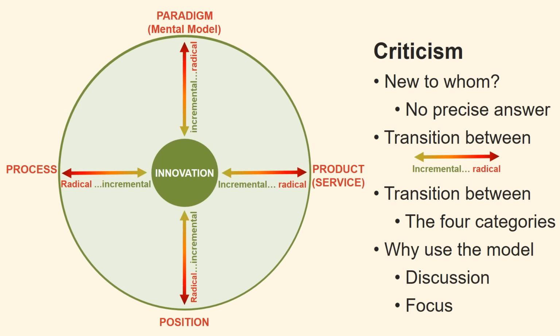There is no correct solution to the criticism mentioned above, but the good thing about the model is that it continually forces you to discuss where your innovation takes place and how much you innovate. You will be in the process of using the model to get a clear understanding of where your innovation focus has to be placed.